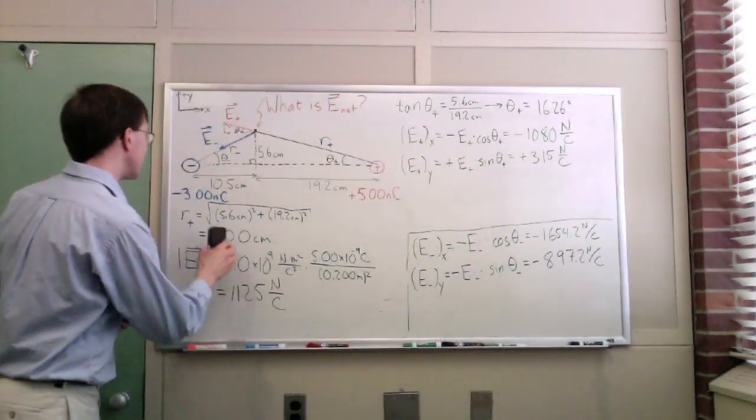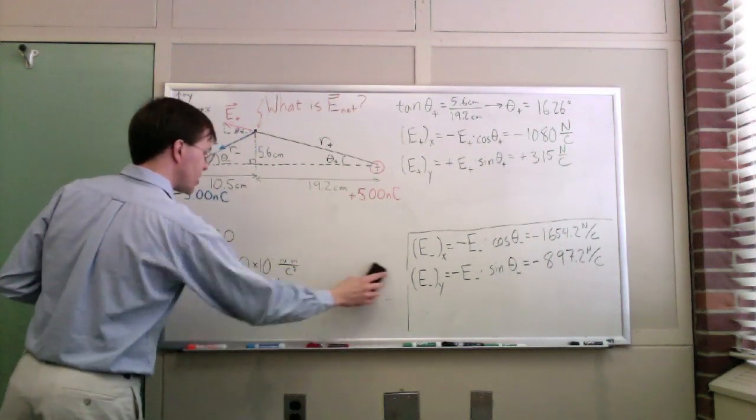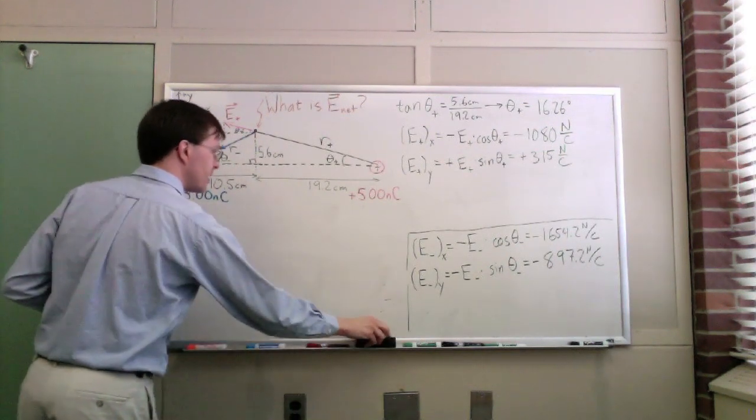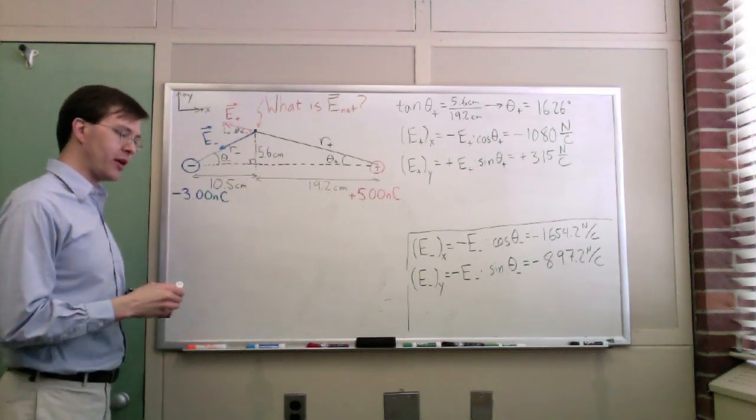Now, having done all that, I'm supposed to put it together. The net electric field is just a vector sum. You just sum up the components. There's nothing new and complicated about it.